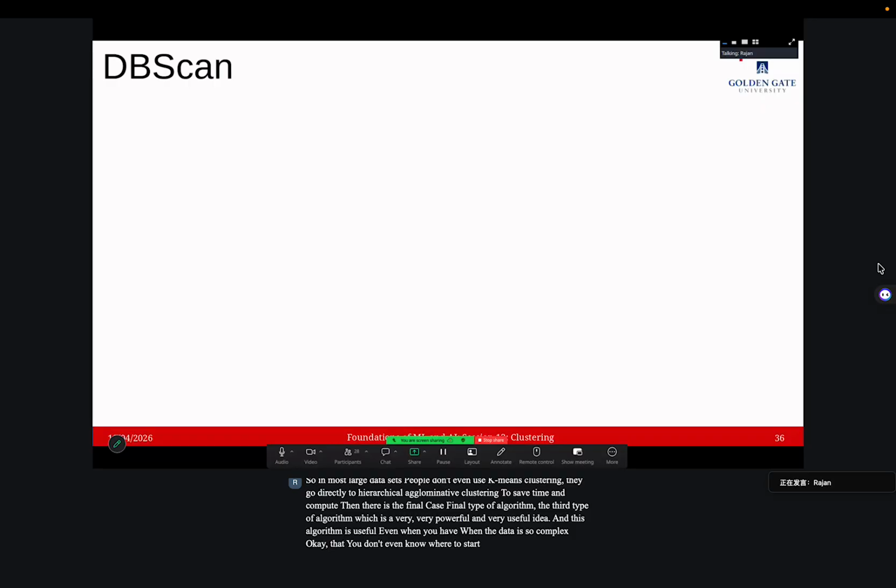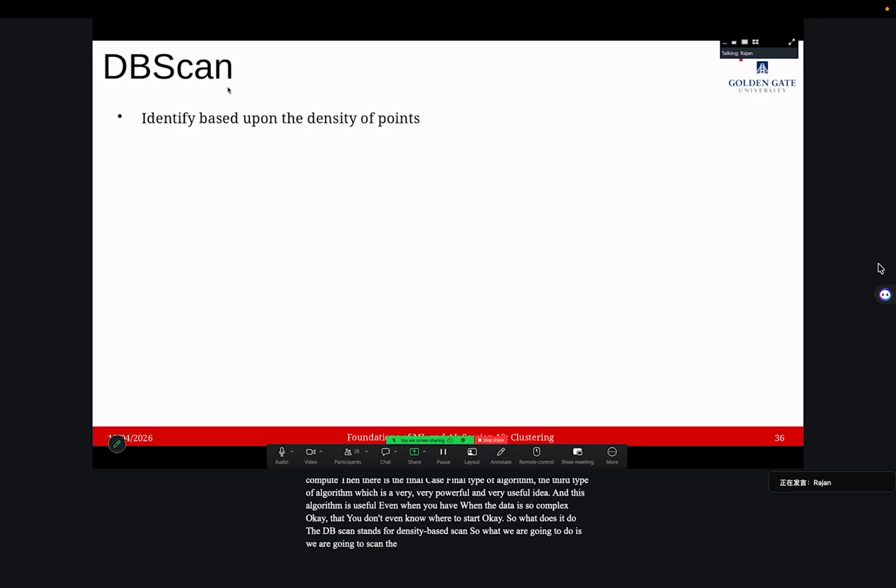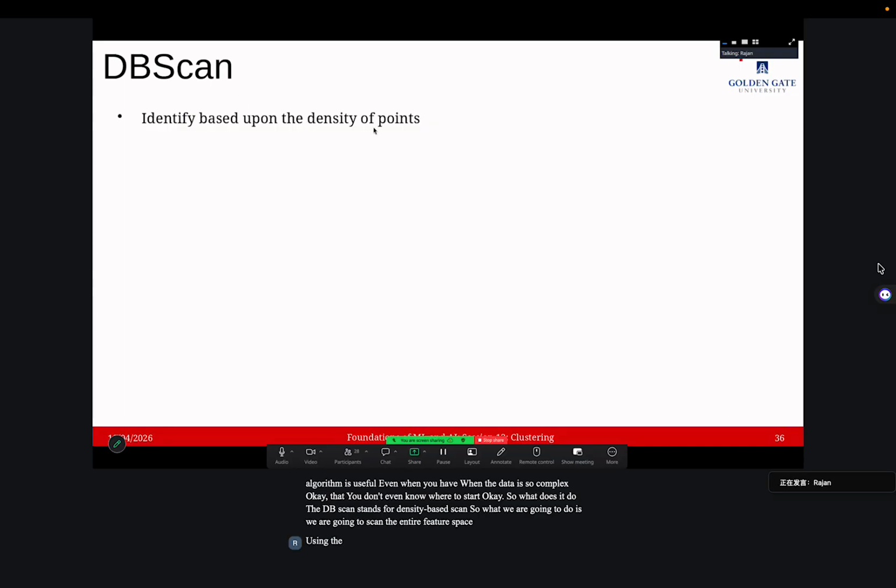Okay, so what does it do? DBSCAN stands for density-based scan. What we are going to do is scan the entire feature space using the idea of density of points.